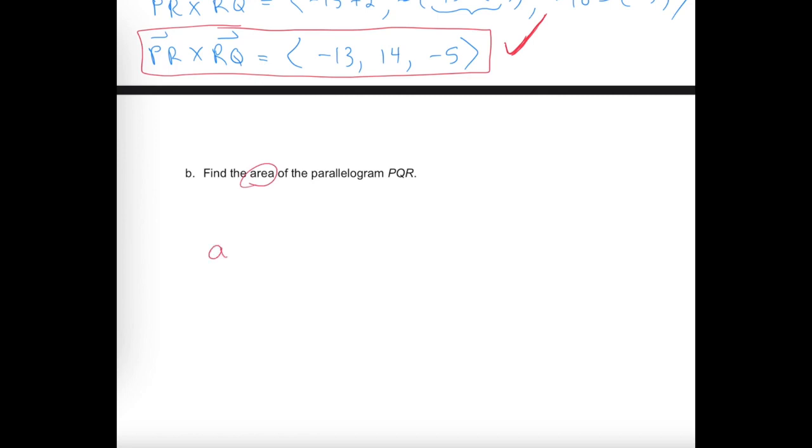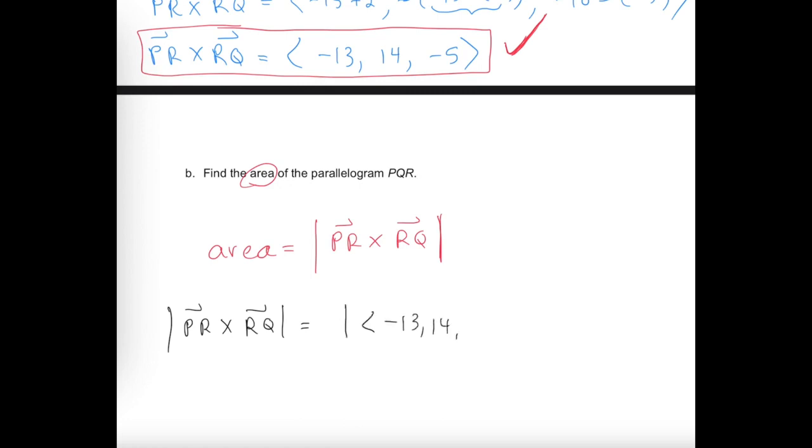So the area of the parallelogram is going to be equal to the magnitude of this cross product vector, right? So we'll say PR cross RQ like this, and then find its magnitude. The magnitude of this vector is the magnitude of <-13, 14, -5>.